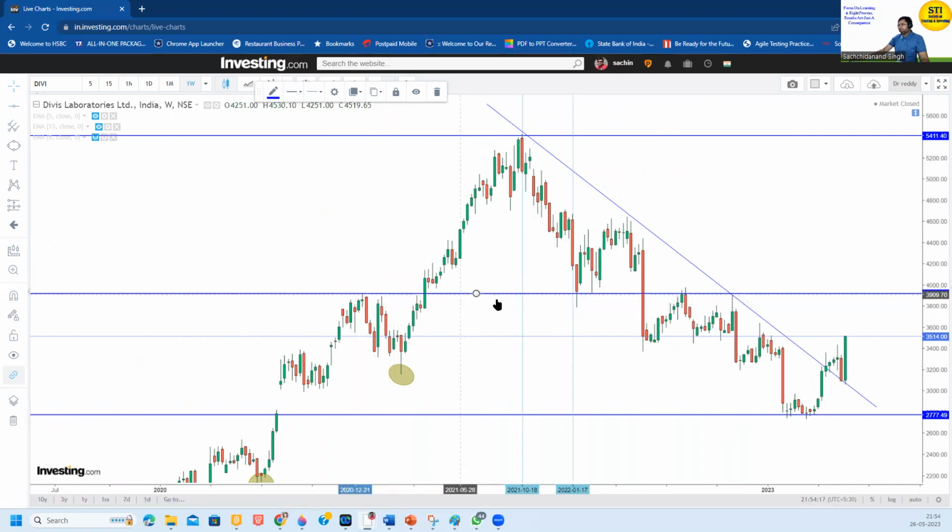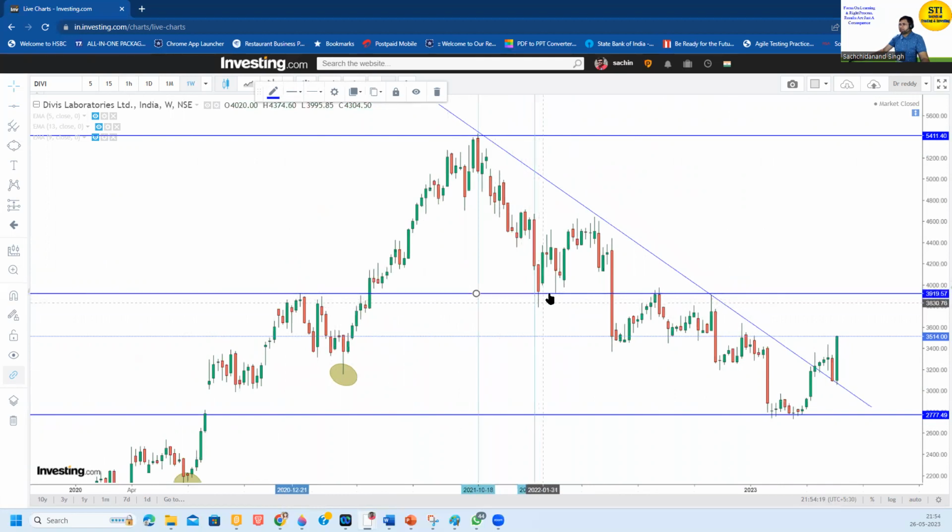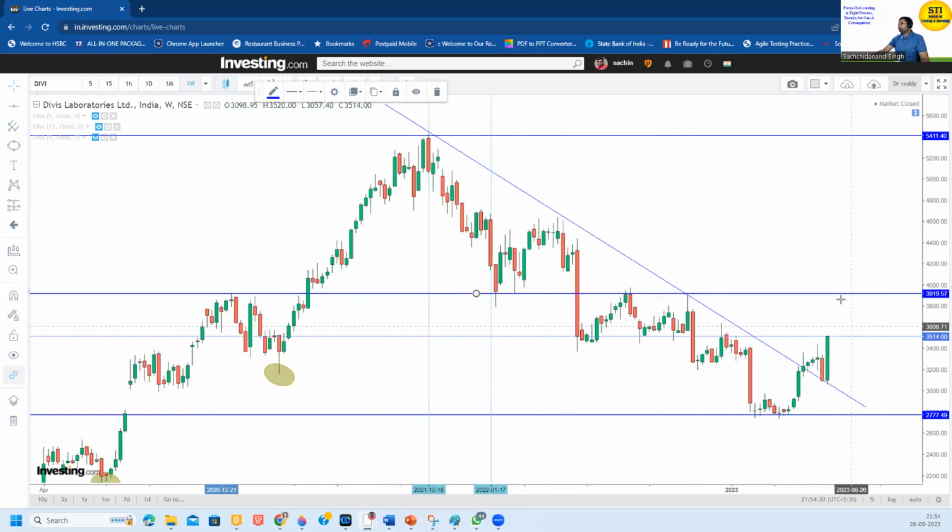The same level also took support, it was broken, but again it went up and didn't sustain. It took support here, next time the support is broken here, and again it works as a resistance. When the price comes here, it will again do something, plus and minus, but ultimately when this breaks once again, it will keep on going further. So there is a high possibility that whenever a slanting long term resistance breaks, it gives you very good returns.